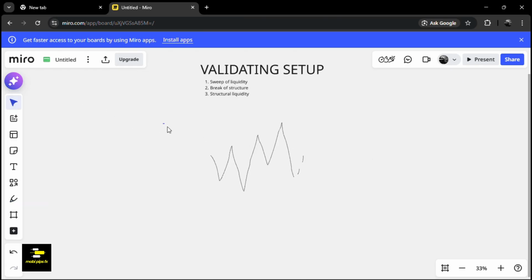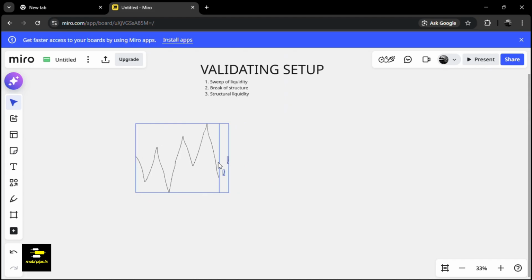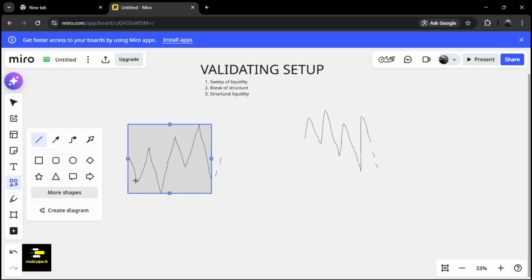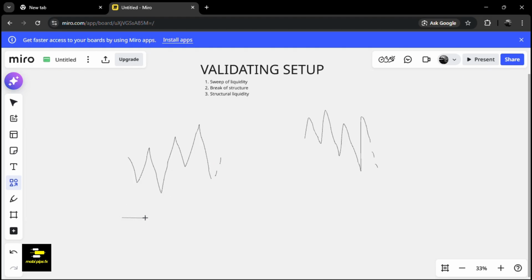Let's pick you and put you here. Then we have this. So what are we looking for? First, we are looking for a sweep of liquidity.